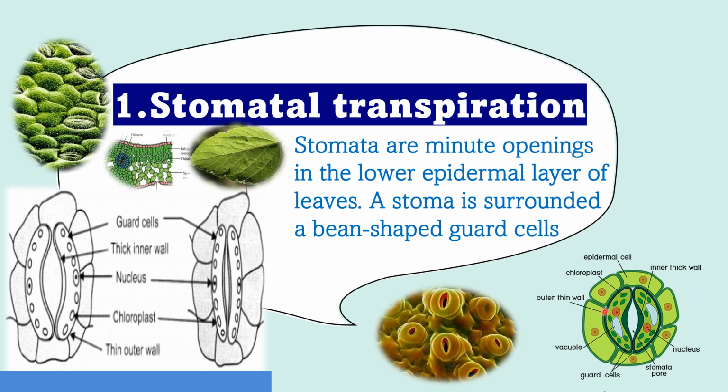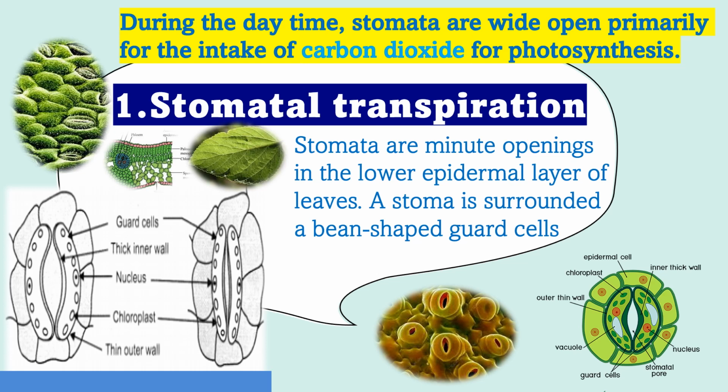More than one opening, we call it stomata, that is located in the lower epidermal layer of the leaves. Very important: stomata are wide open during daytime primarily for the intake of carbon dioxide for photosynthesis.